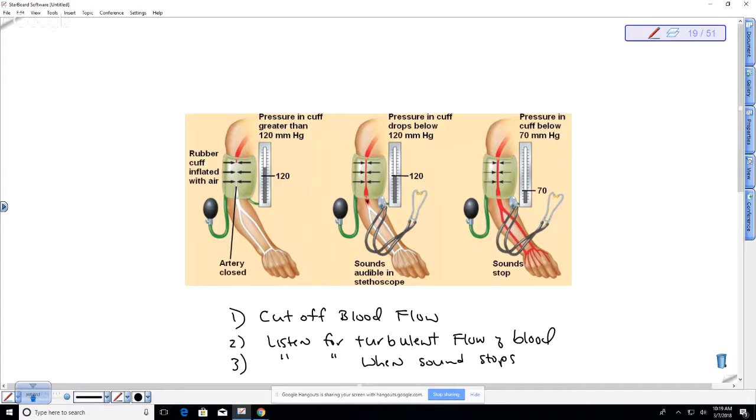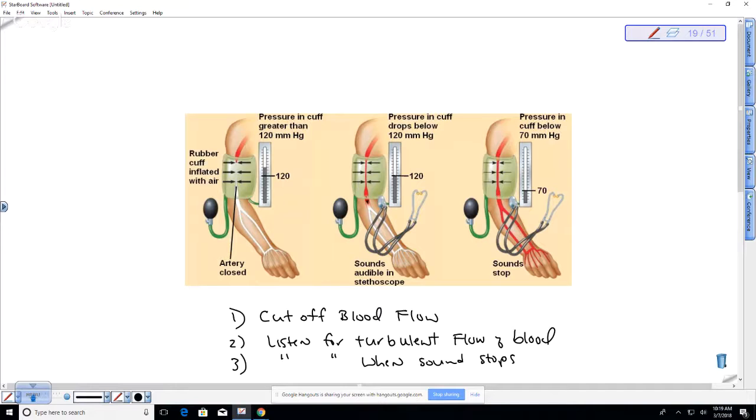So you can see that that's what the two measurements measure. So when the blood is first able to break through and flow through the vessel, you can hear a sound. And then when it can flow through the vessel without making a noise, that would be when you have diastolic pressure. So those are what they're measuring.